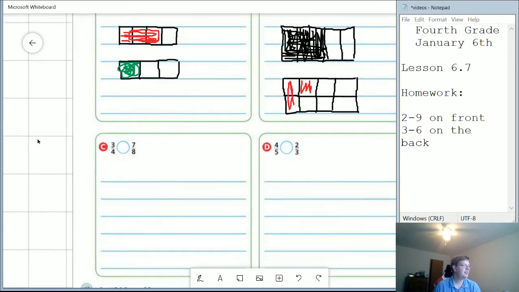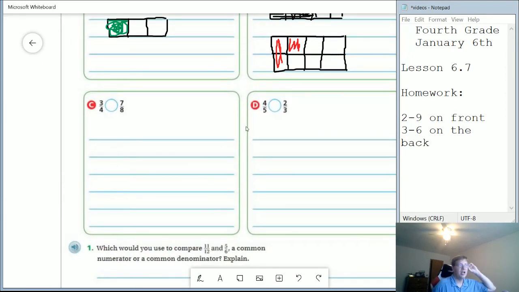And so now let's go ahead and look at, I'm going to skip this one, and let's go to 4/5 and 2/3. This one works easily enough that we could go ahead and change the 3/4 side to parts over 8, and then it becomes really easy. If we're going to use a picture, let's go ahead and use this one. Now, both of these are one piece away from being a whole.